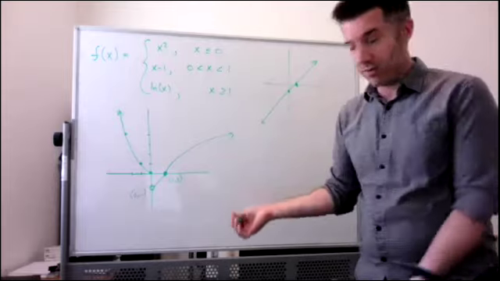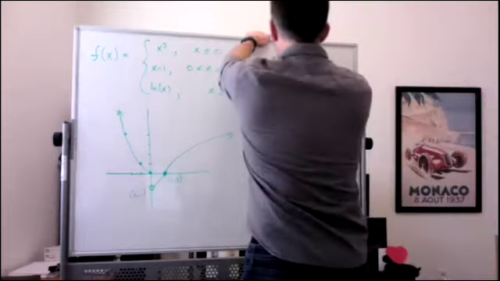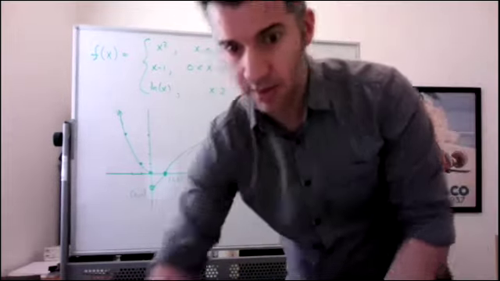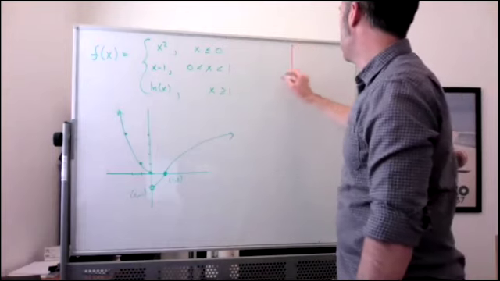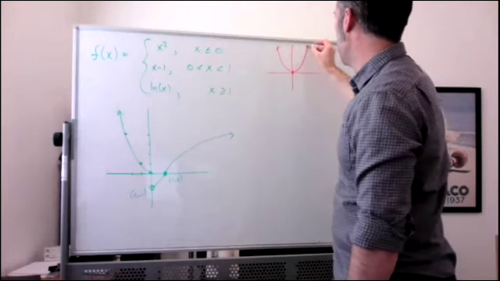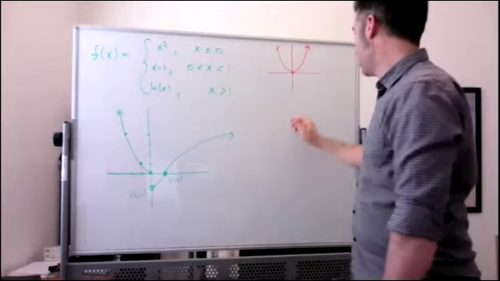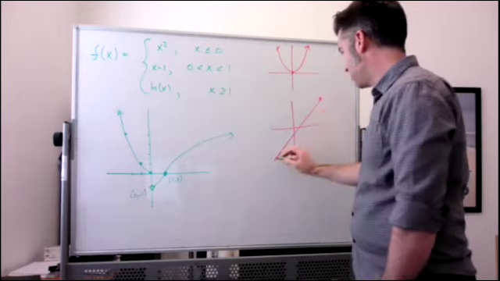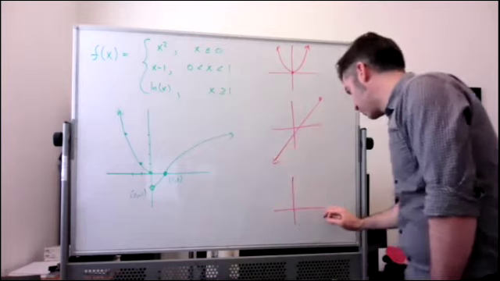I will point out, if you wanted to, we could have totally individually graphed all the pieces. So here's y equals x squared. I'm not graphing them very well. Here's y equals x minus 1. And here's y equal to the natural log of x.